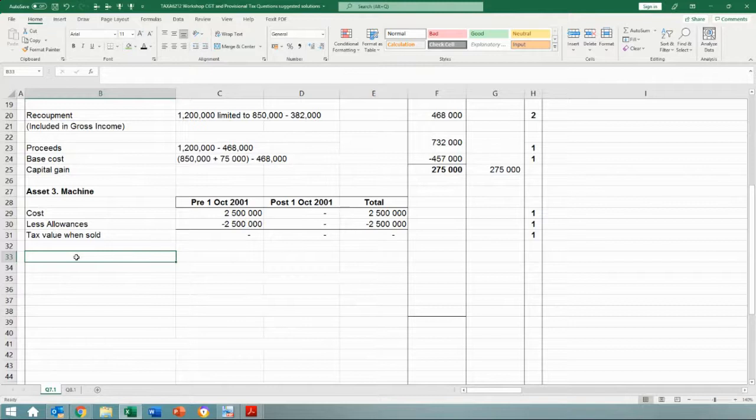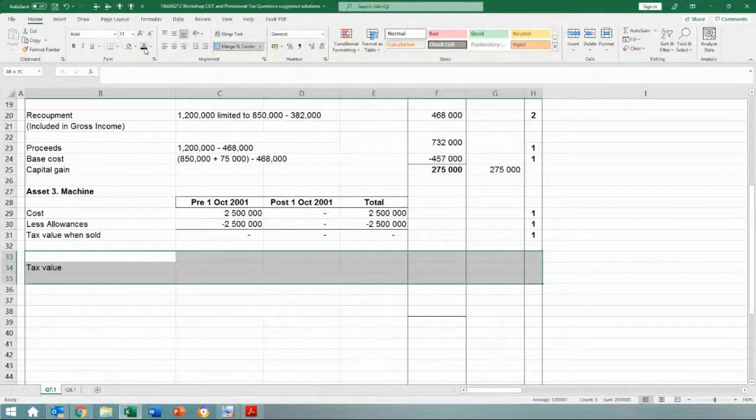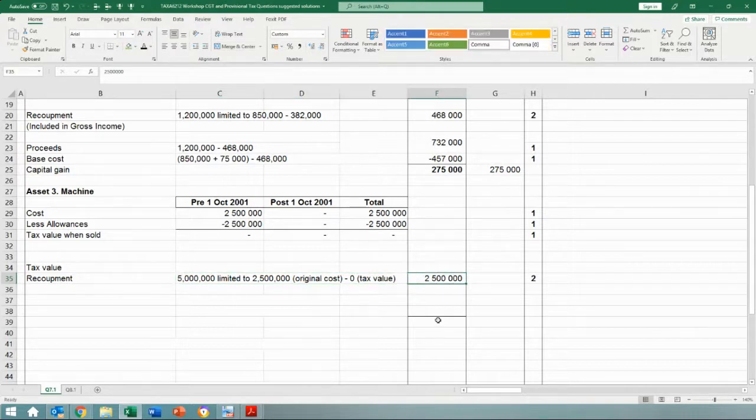Okay, now when we do the recoupment, that would mean we have essentially recouped 2.5 million worth of asset, which is the 5 million, limited to the original cost of 2.5 million. The tax value is 0 currently, so we've recouped 2.5 million. Okay, then we said for the proceeds as well as the base cost, we would then have to adjust for any amounts that have been included in gross income.